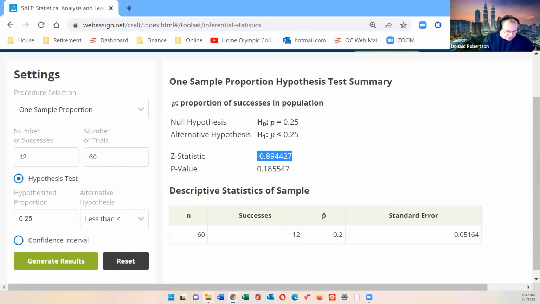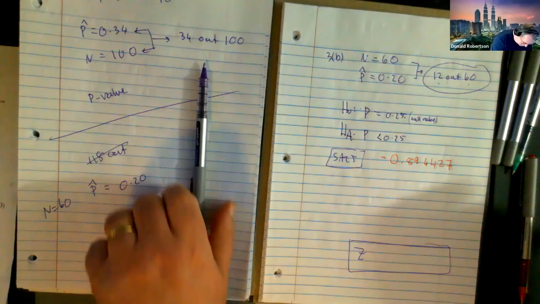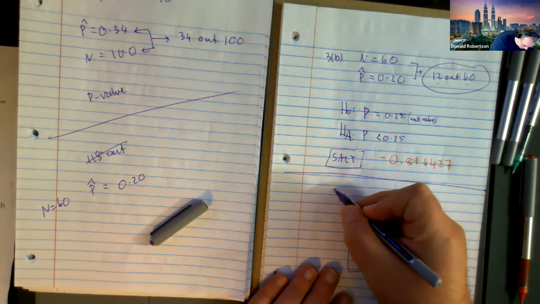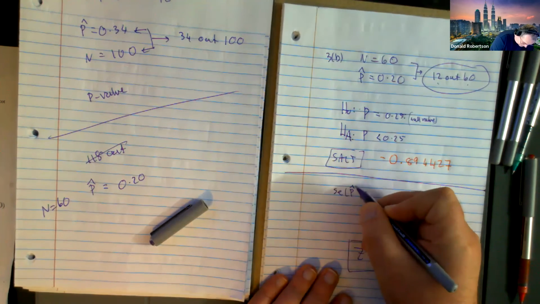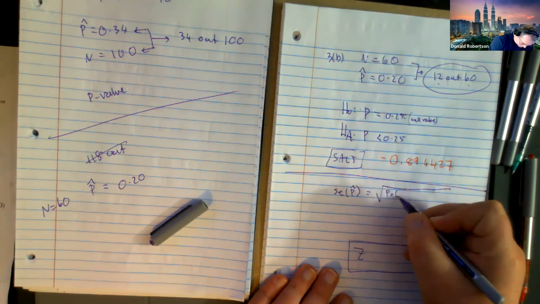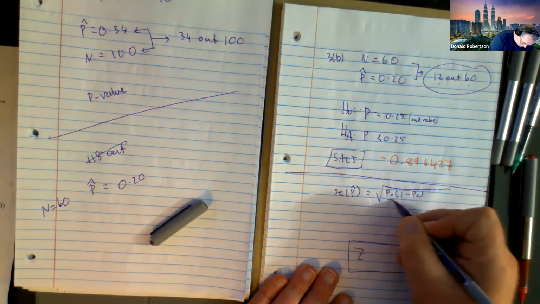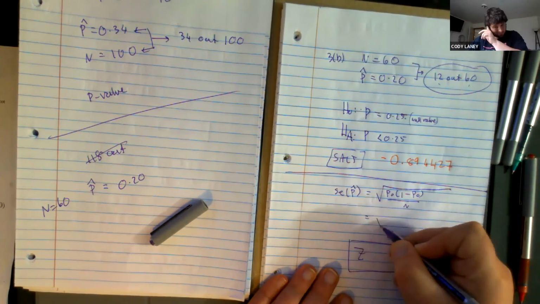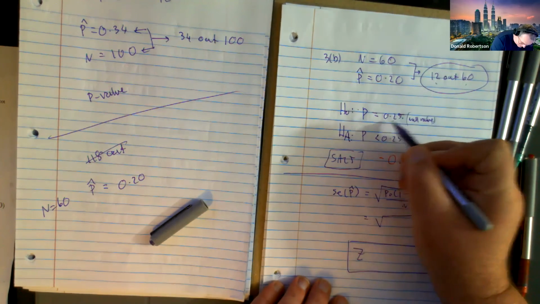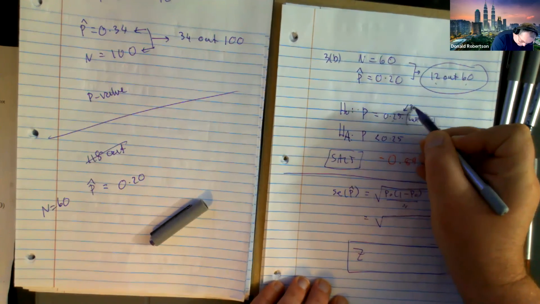Now, if you want to do that same calculation by hand, and I kind of promised that we would do that, just to show you, you can get the same Z score with the same information, right? So what we're going to do is calculate the standard error. The standard error is the square root of P naught times 1 minus P naught, over n. Make sure you use this number: this here is P naught, not any other number.